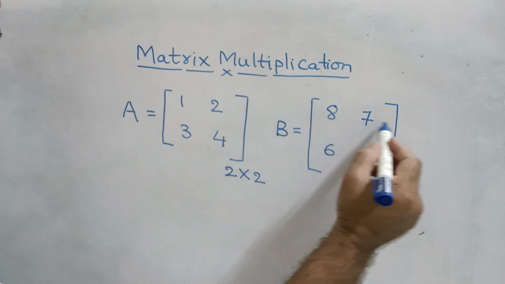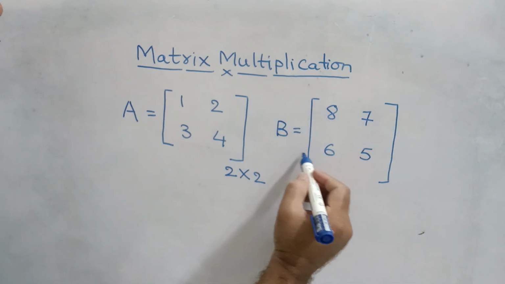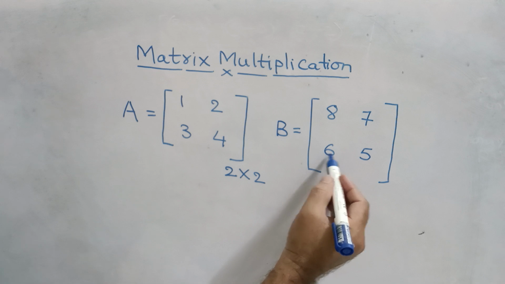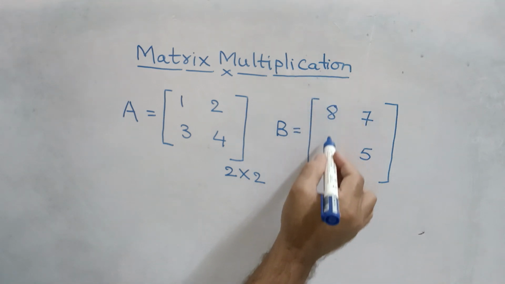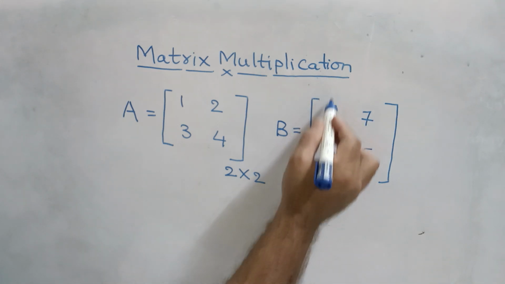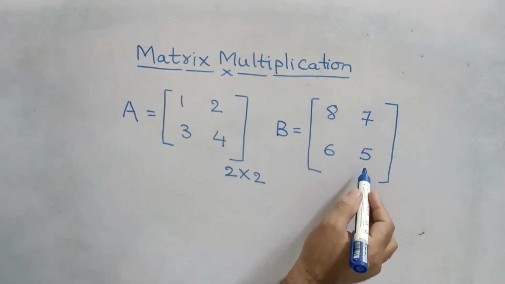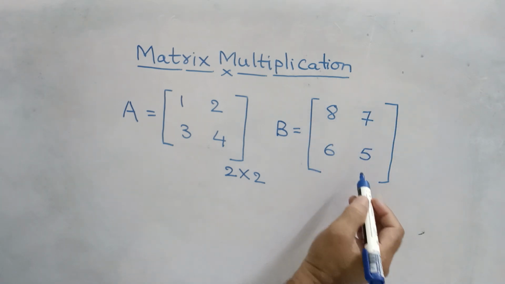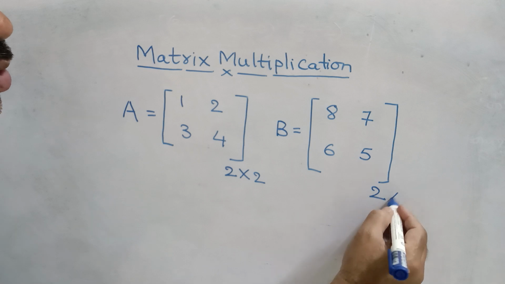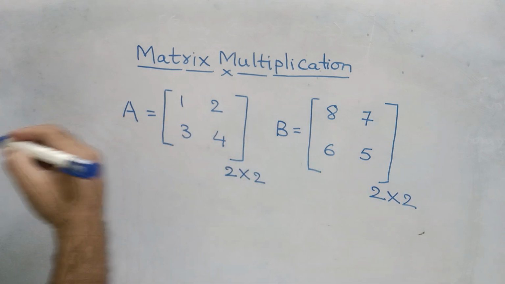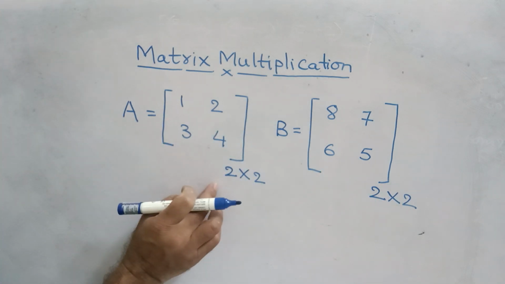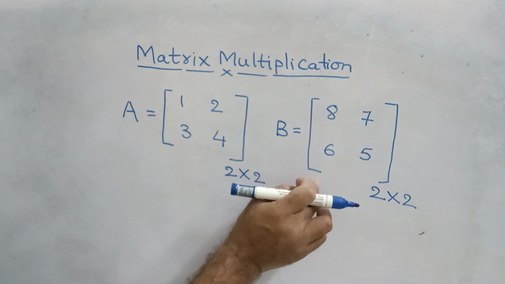The first row contains the elements 8, 7 and the second row contains the elements 6, 5. Similarly, the first column elements are 8, 6 and 7, 5 are the elements in the second column. Therefore, it is a 2 by 2 matrix again. So, A is a 2 by 2 matrix, B is another 2 by 2 matrix.